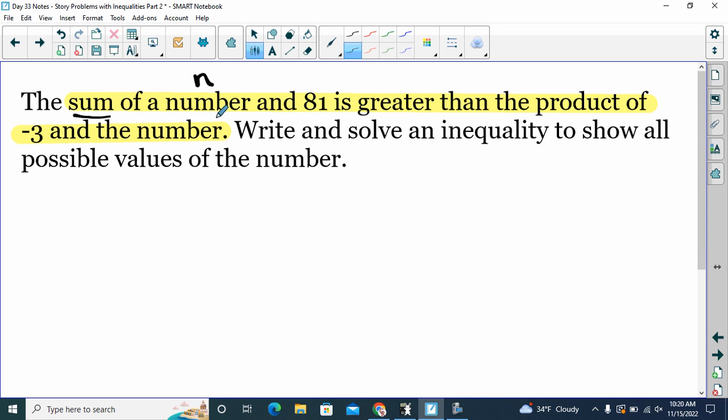So the sum of a number and 81, sum means add, n and 81, is greater than, bigger than, I need this side to be bigger. The word product means we need to multiply negative 3 and the number. Notice it's the same number that we had up here. So if I call this one n, I need to call this number n as well.